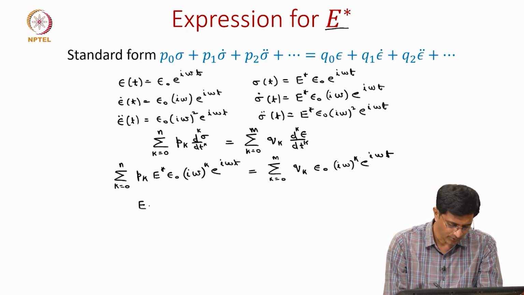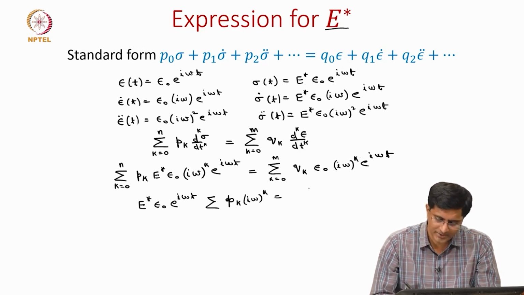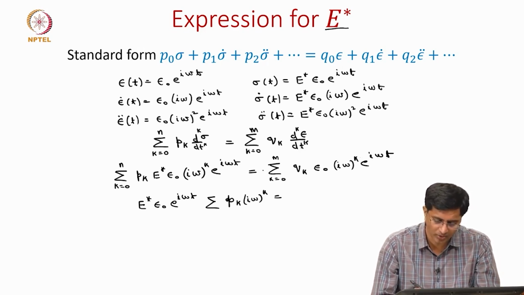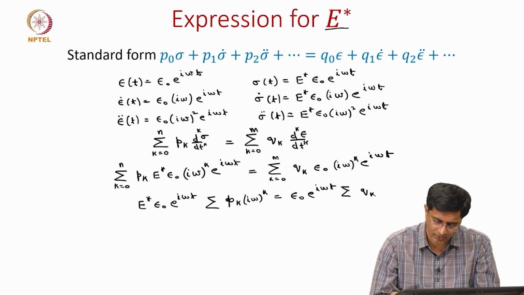So, then we should be able to write it as E star epsilon naught e power I omega t summation of pk I omega power k. To the right hand side, the constants which will move out of the summation are epsilon naught e power I omega t, and in the summation we have this qk and I omega power k.